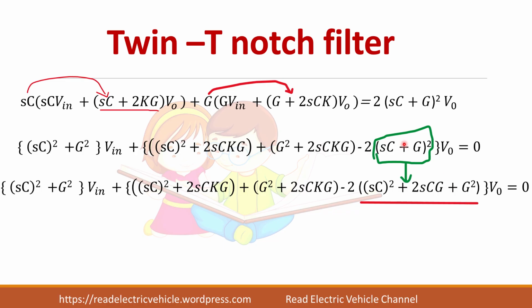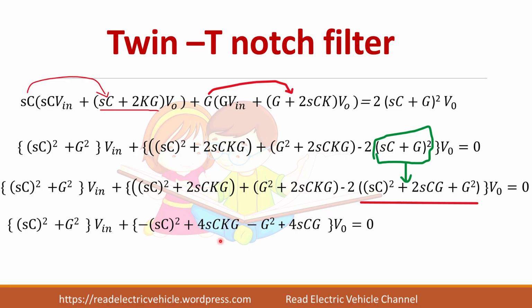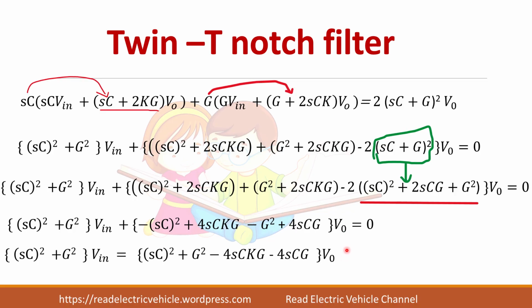Okay, so split this one like this. Then here you have SC square, here minus 2 SC square. So let us simplify the equation again. If you simplify, you will get it like this. So now this side we have V in and this side you have V naught.